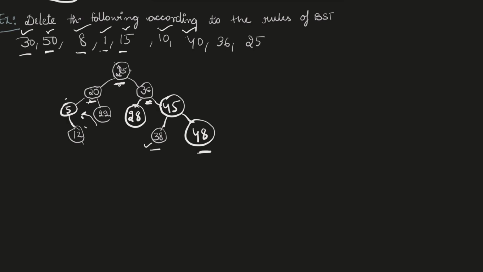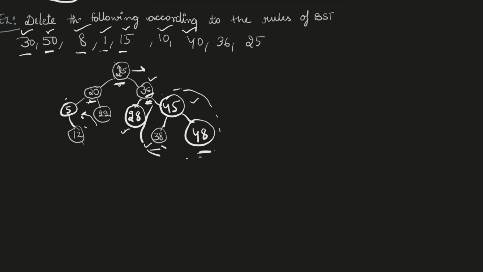Now let's delete 36. 36, again we have to search from root node. So 36 is right side of root node. So we have found it. So again we can use in order predecessor or in order successor. If we choose in order predecessor, then we directly write 28 in place of 36. If you choose in order successor, since more than one element is present, we'll take the minimum element from the in order successor.